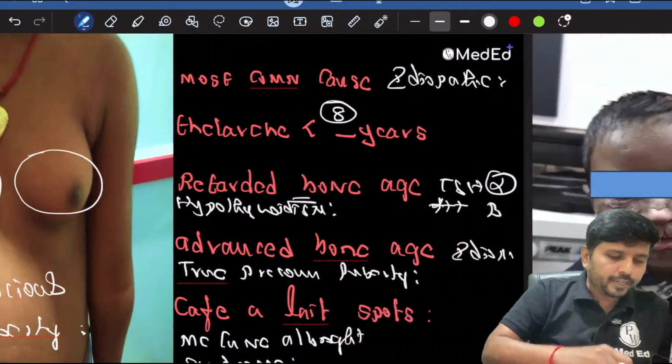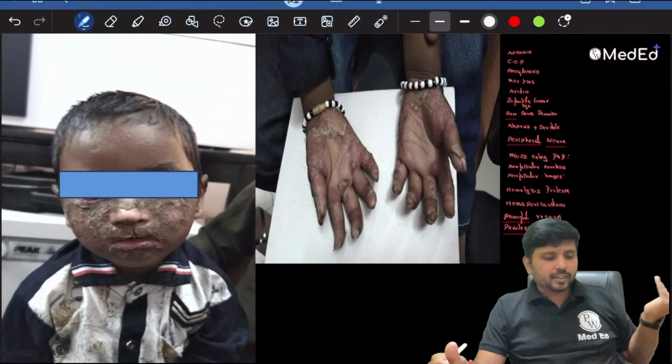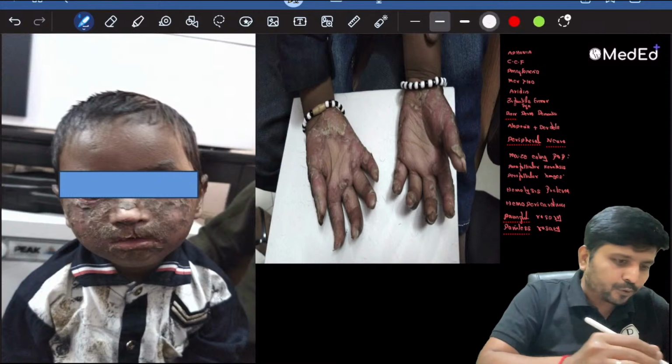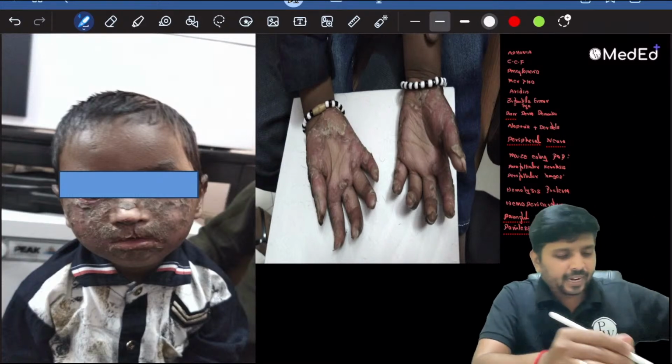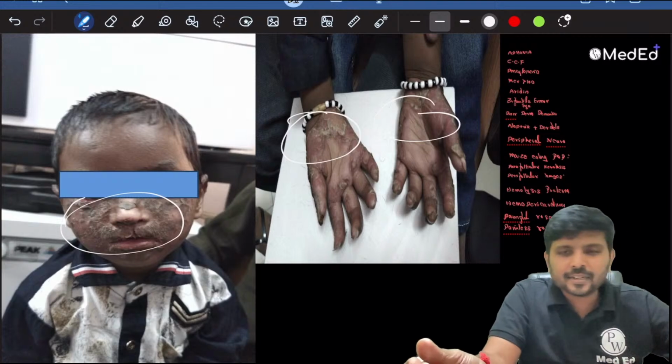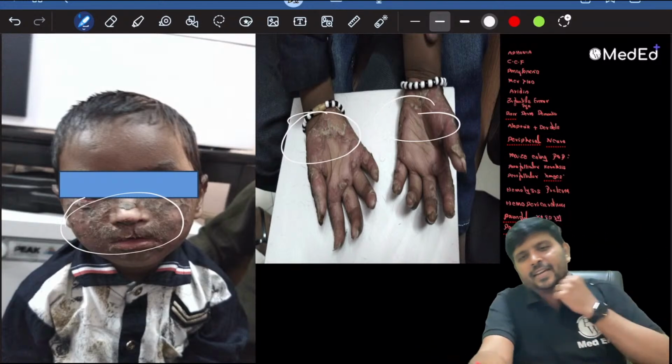Precocious puberty. Right. So what is this? Yes, you have rashes in sun exposed areas. What is this? The answer is very, very easy. Sun exposed area rashes. Yes, very good.